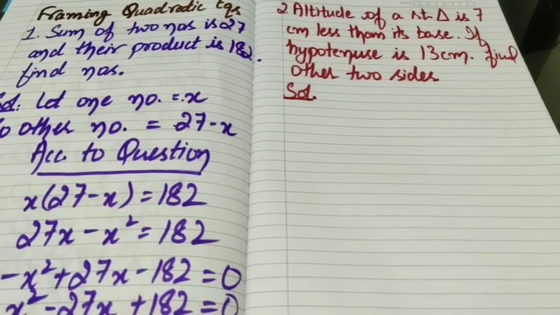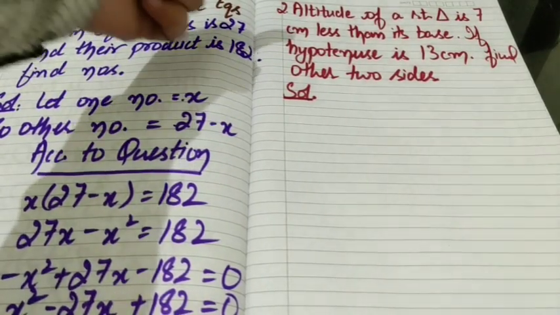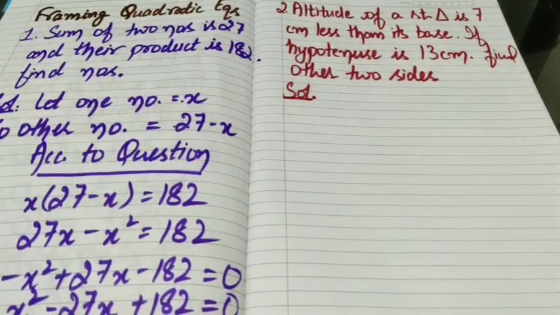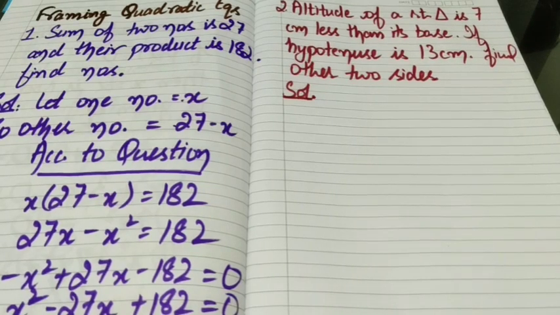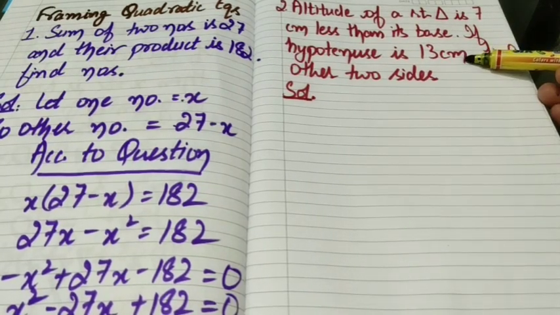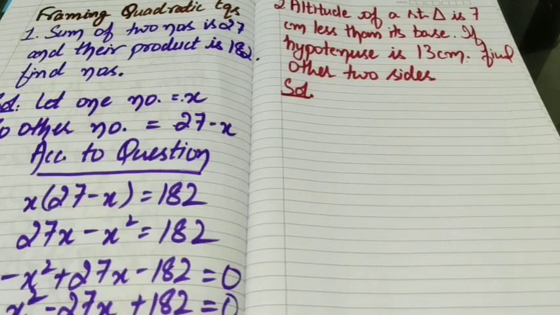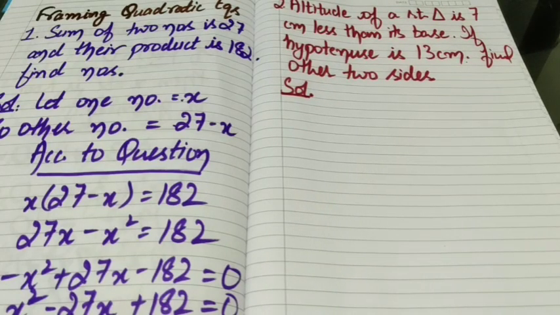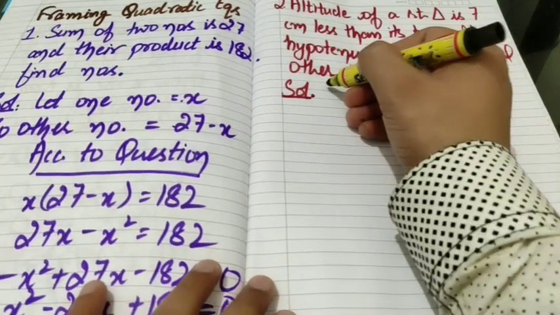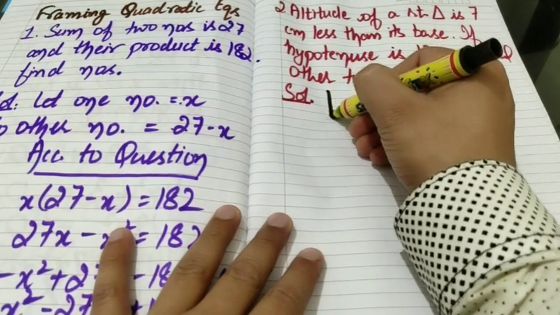The problem is: the altitude of a right angle triangle is 7 cm less than its base and the hypotenuse is 13 cm, and we are interested to find the remaining two sides. Well students, they are talking about a right angle triangle. We know that in a right angle triangle, three sides are there with one angle a right angle.